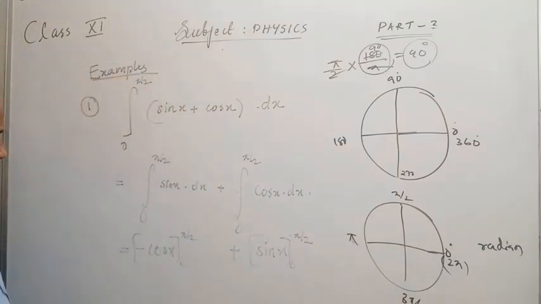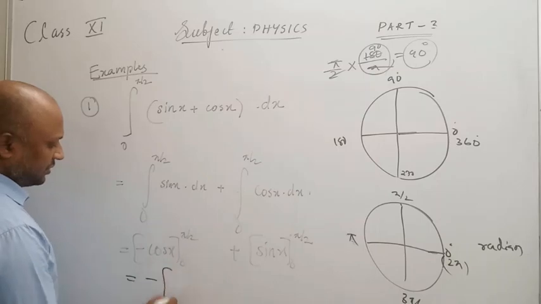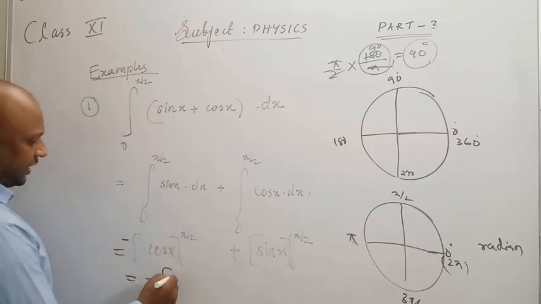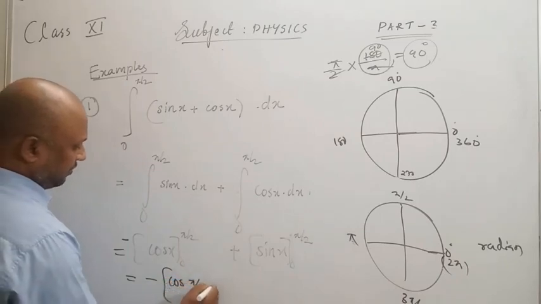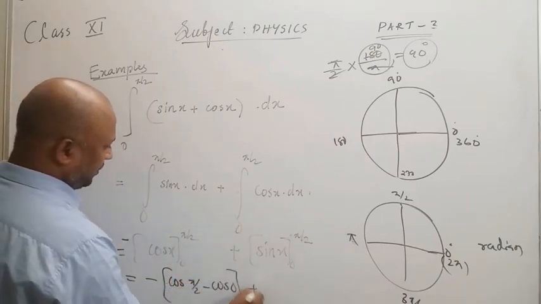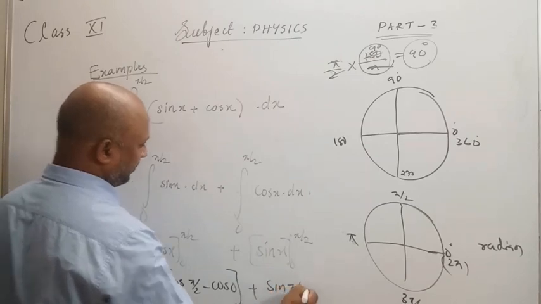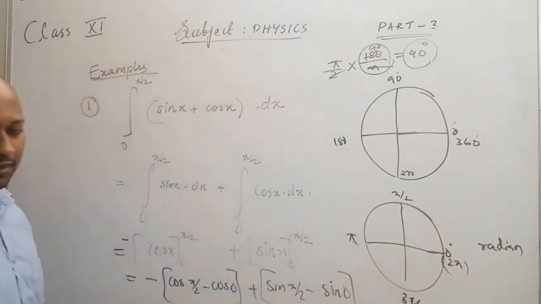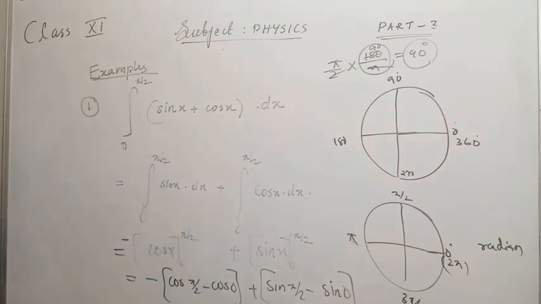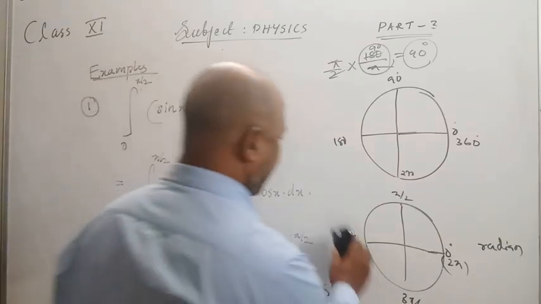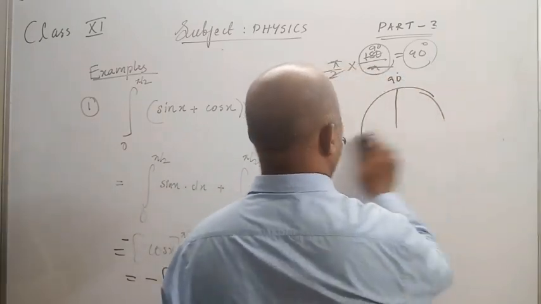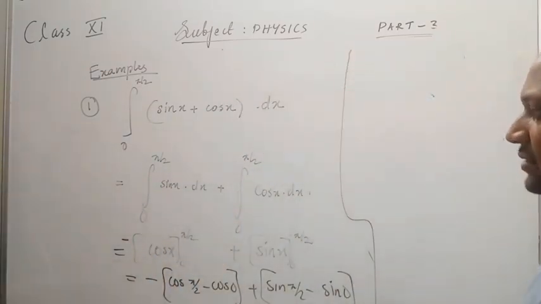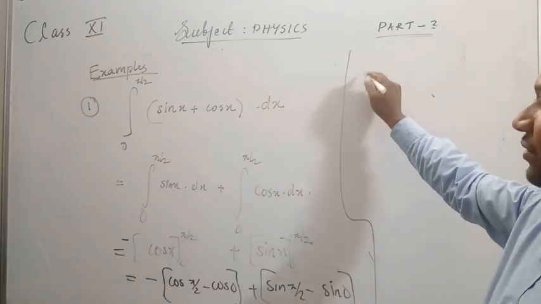So what is cos? This minus you can take outside. So what is cos 90? Cos pi by 2 minus cos 0 plus sin pi by 2 minus sin 0. This in trigonometry we have already learned.